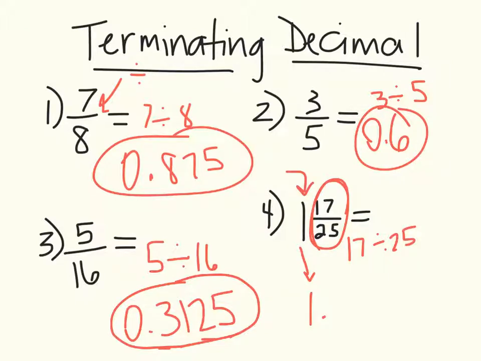So we type in 17 divided by 25 on our calculator. I get 0.68. So now I'm going to combine my 1 and my 0.68 to get my final answer of 1.68. Once again, that is my final answer, and it is a terminating decimal because it does not continue, it stops.